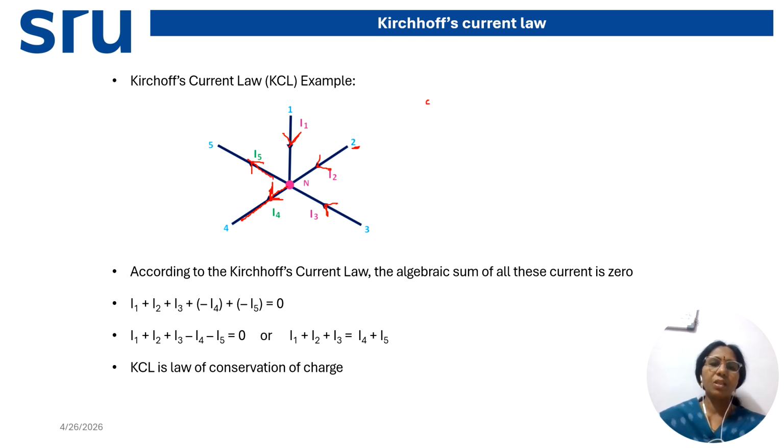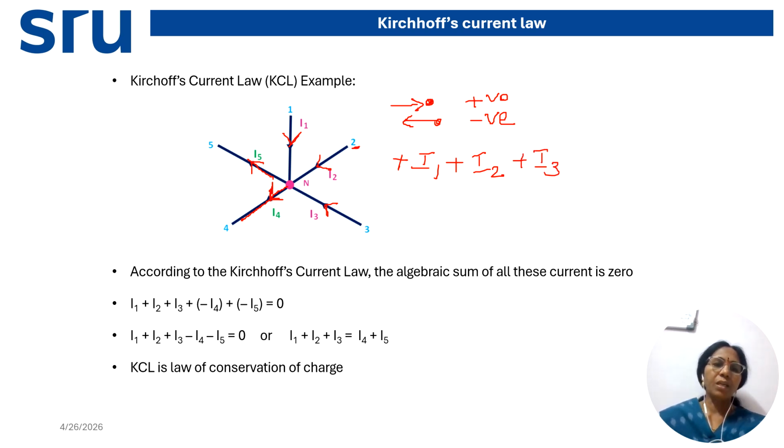Okay, just now we said if the current entering the node is positive, then the current leaving the node must be negative. Now we will see. I1 current is entering the node, so plus I1 you have to write, and I2 is entering the node, so plus I2, and I3 is also entering towards the node, so it is plus I3.